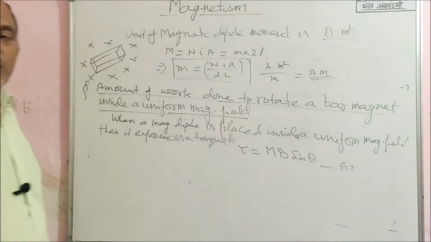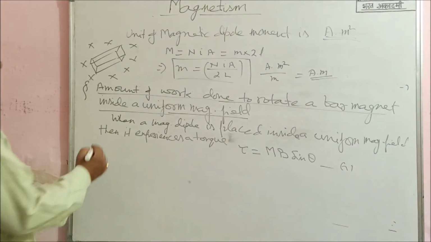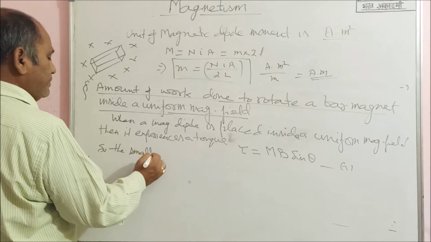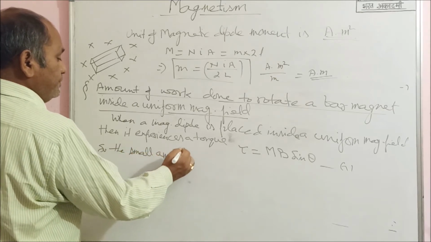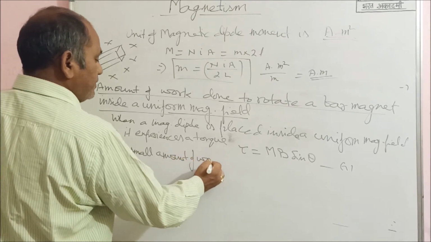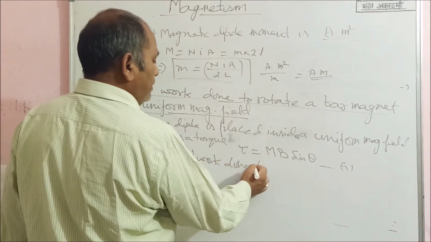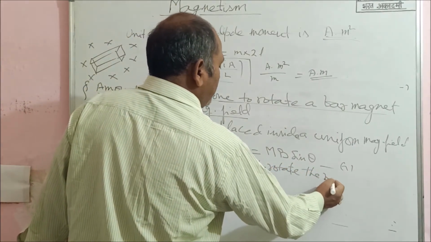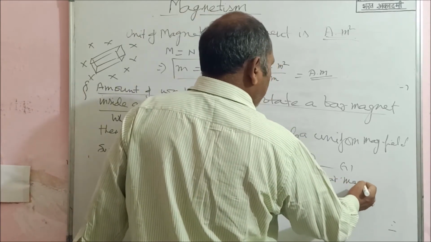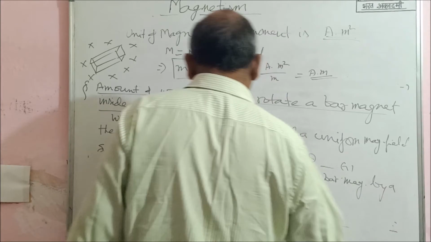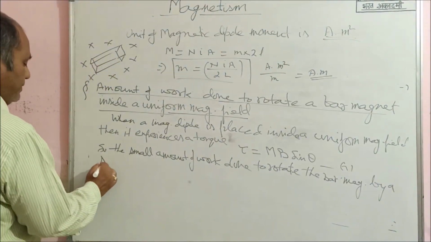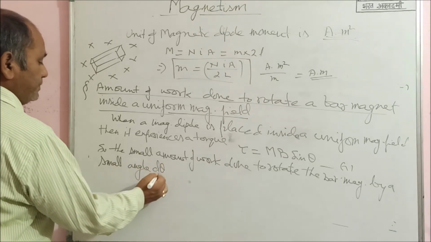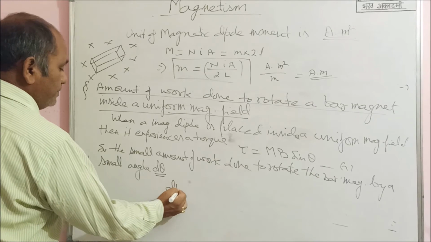Now what is the tendency of torque? Torque will try to rotate the dipole. So the small amount of work done to rotate the bar magnet by a small angle d theta: what will be dW?